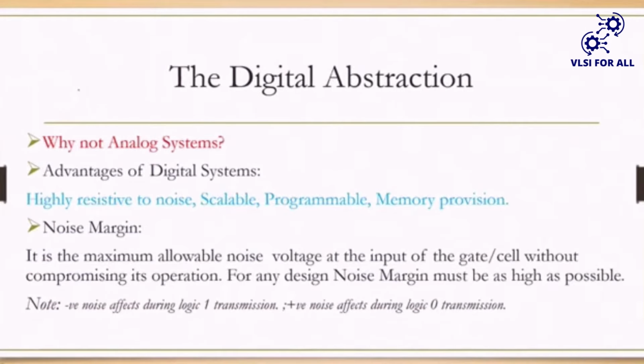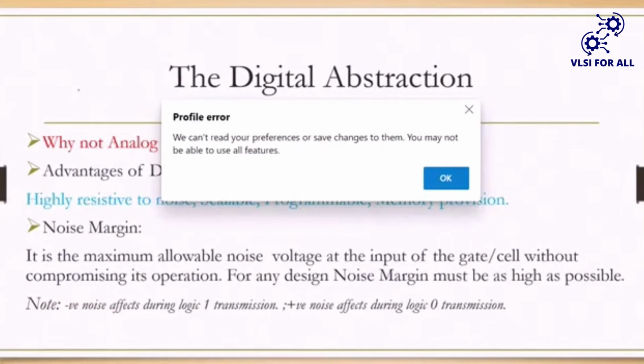Now, the point is, team, you know very well, nowadays you are getting designs with 1 million gates, 1 million standard cells. Even though you are taking CMOS technology, where the static power dissipation is very less, there is a negligible quantity of leakage power also.